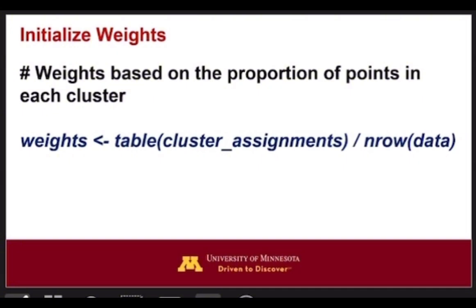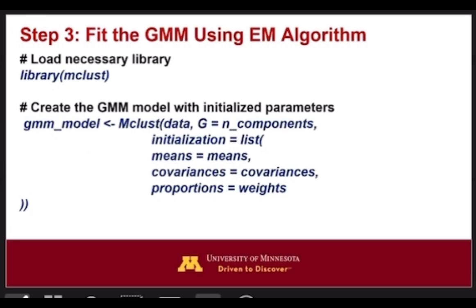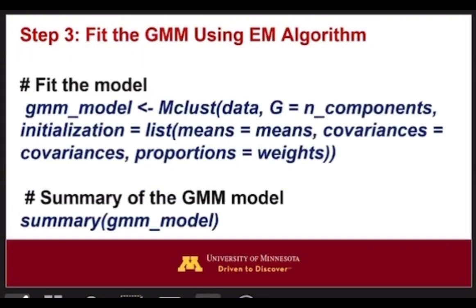After we're done with that, we're ready to load our package. Load the package, then create the GMM model with initialized parameters. Then fit the model, and after fitting the model, you get a summary of that. Now that is step 3.